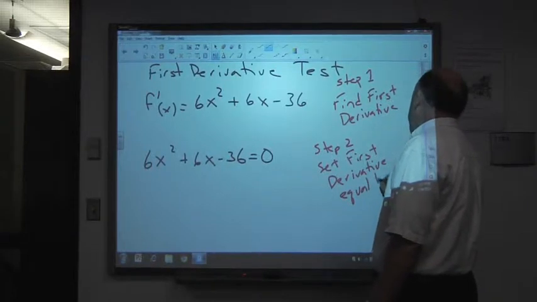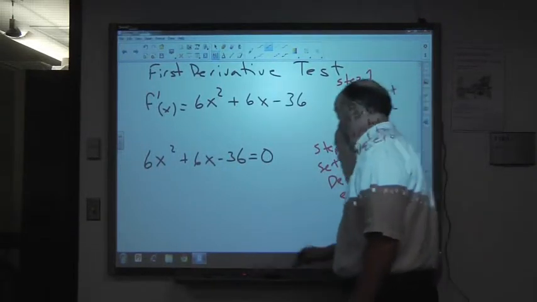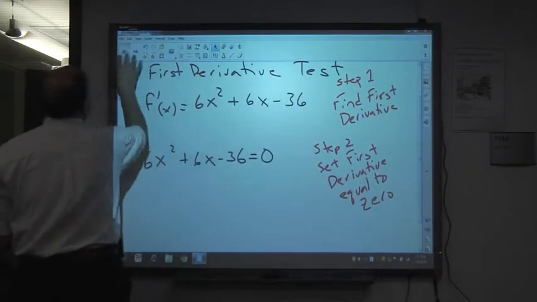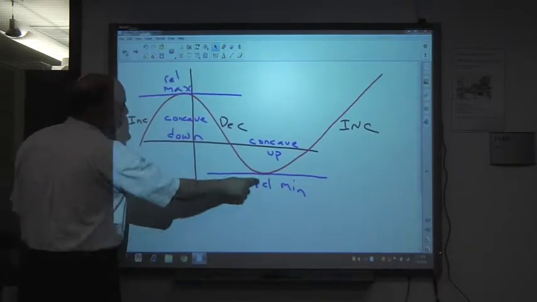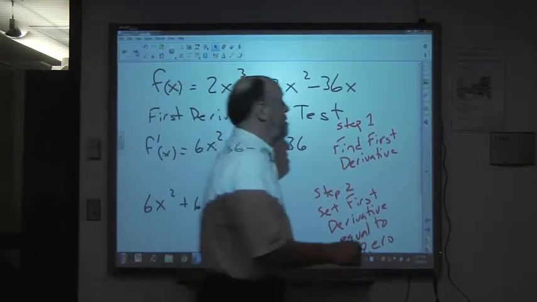After all, when we do that, we're looking to find those points on my curve where we are either here or down there. That's why we set it to 0, because at those points the slope will be 0.